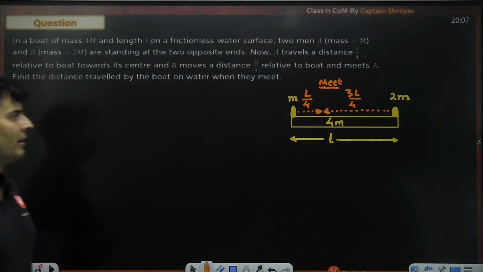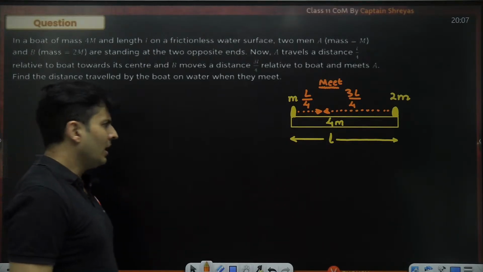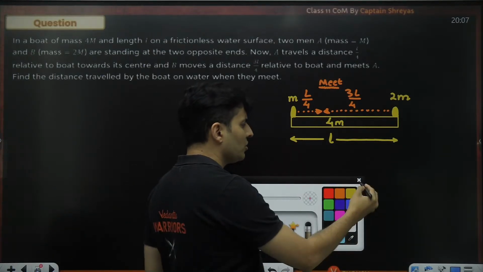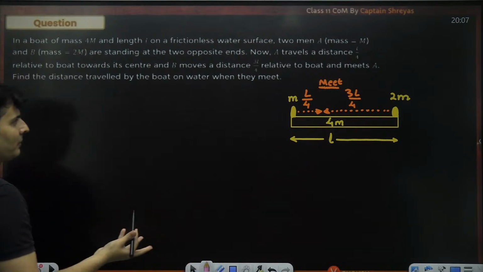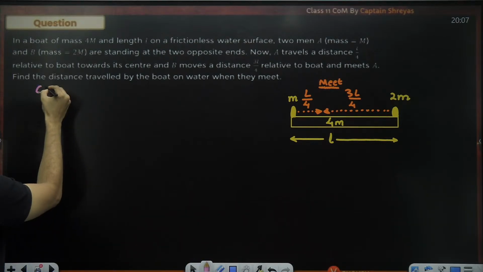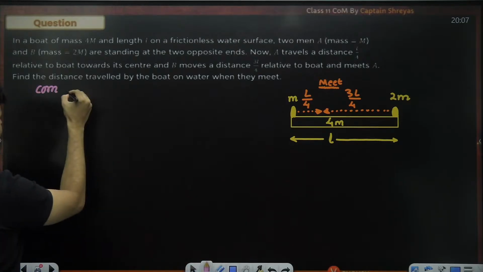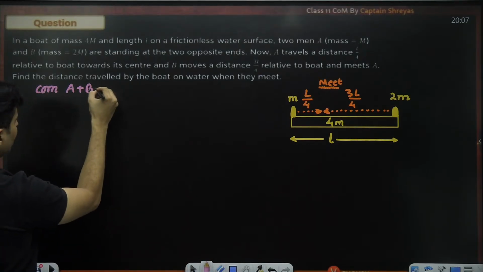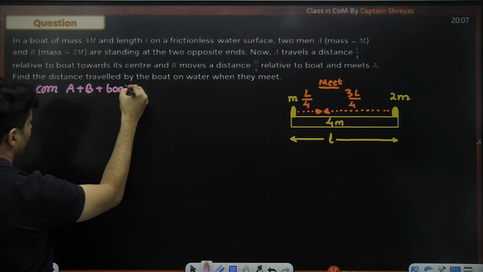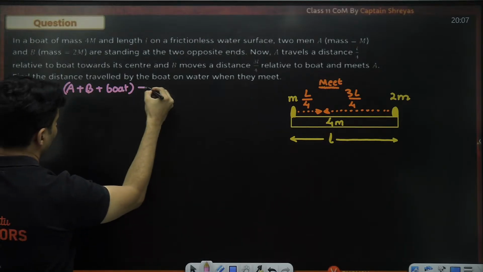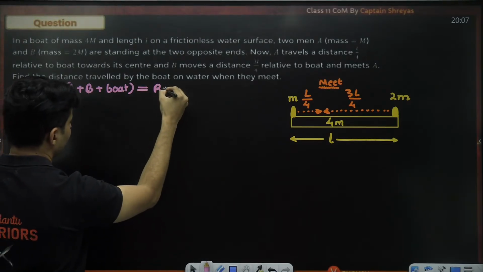Okay. Now, I know that the center of mass is not going to move. So I'll start off with that. The center of mass of A plus B plus the boat is going to be at rest.